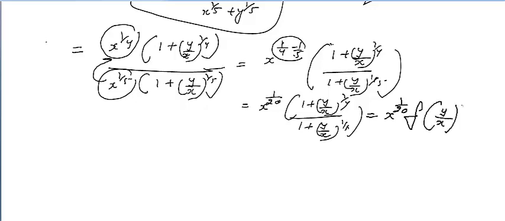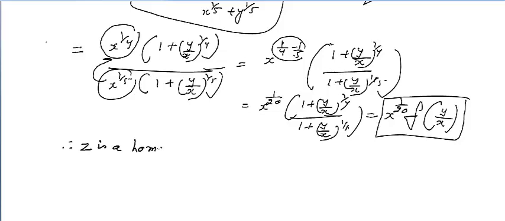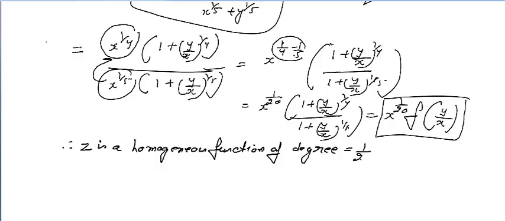And you know that if you are able to write the given function in this form, it will be a homogeneous function. Therefore z is a homogeneous function of degree 1/20. It is a very simple thing.